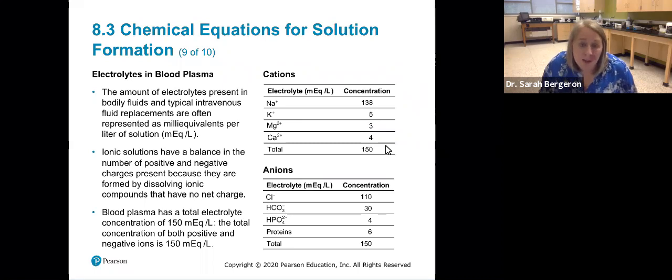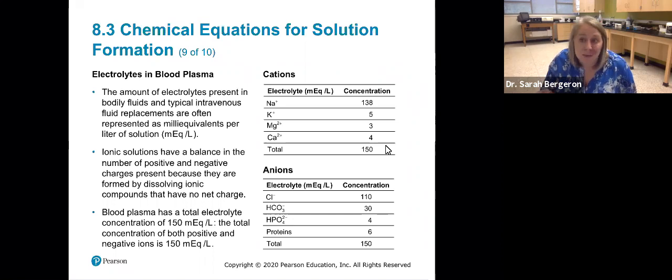In our blood plasma, we have lots of electrolytes. And so it's very, very important that the concentration of these electrolytes remains consistent. This is highly monitored, and we typically represent ions in bodily fluids in milliequivalents per liter of solution.